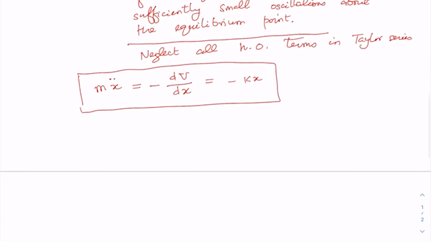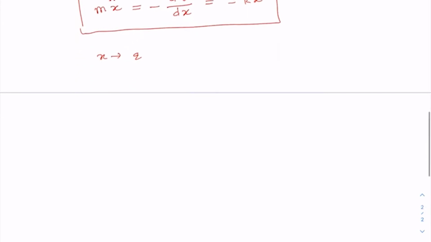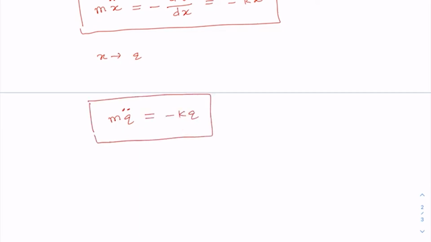Let me use the coordinate q instead of x, and then I can write the equation of motion like this: m q double dot is equal to minus kq. This is the equation of a harmonic oscillator, and one typical system is of this type: a mass m attached to a spring of spring constant k, where q is the displacement from its equilibrium point.